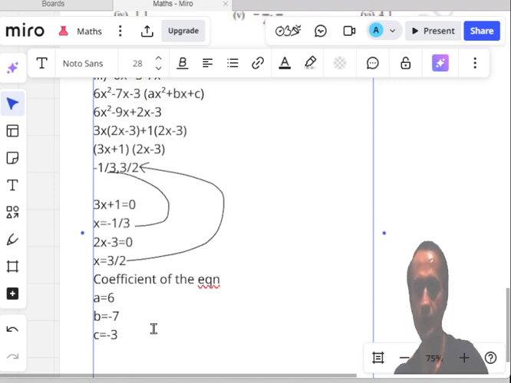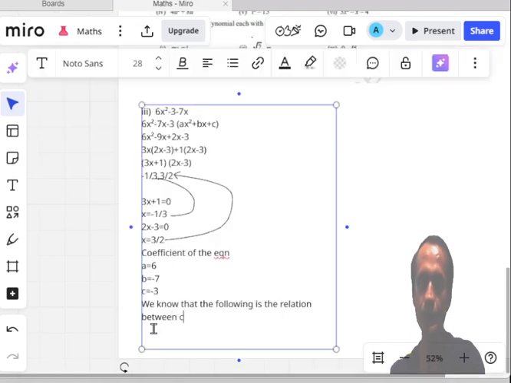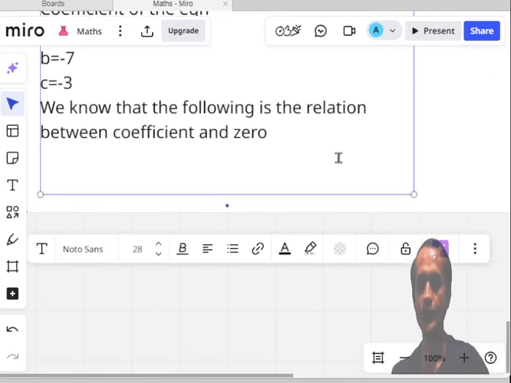Now we know the following is the relation between the zeros and coefficients of any polynomial.